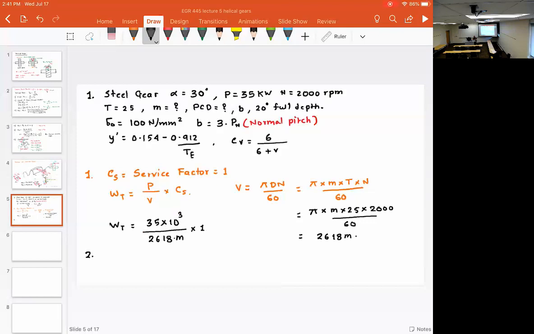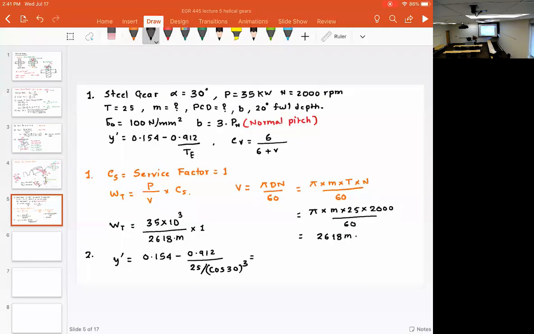the equation for Lewis's form factor is given to us. So y prime is equal to 0.154 minus 0.912. Here we have to substitute the equivalent number of teeth, and the equivalent number of teeth is 25 divided by cosine 30 cube.